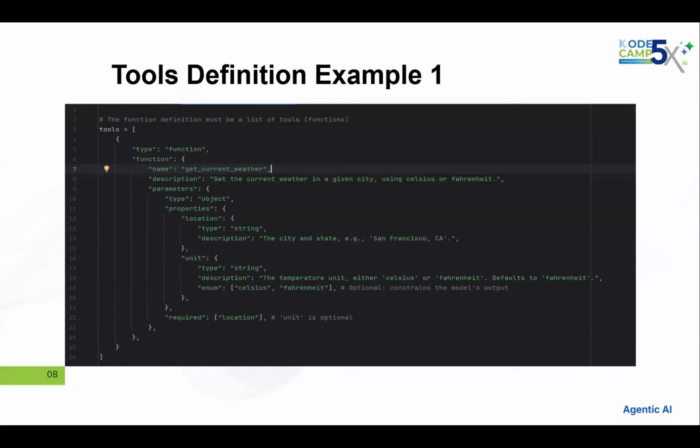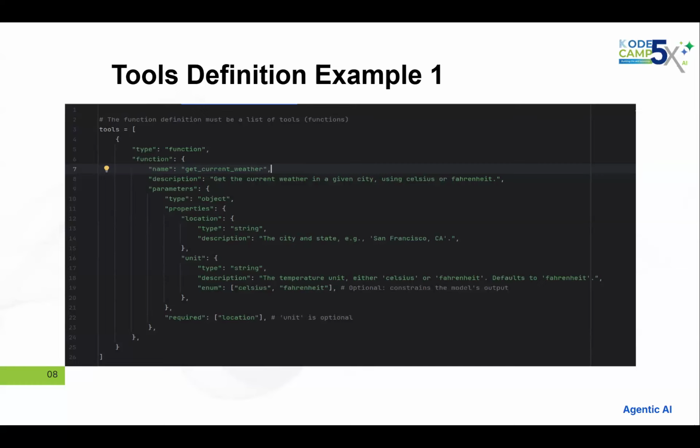The tool object within the array has a type key which specifies that it's a function. That's what shows that it's a function call.